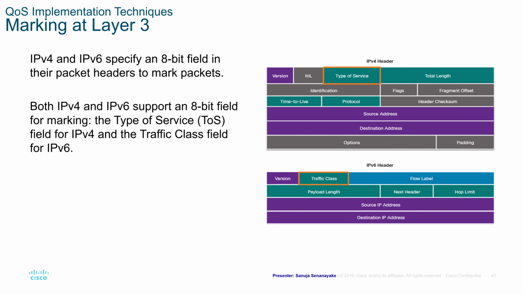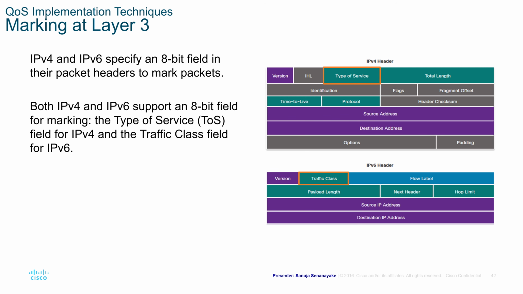Marking at layer 3. IPv4 and IPv6 specify an 8-bit field in their packet headers to mark packets. Both IPv4 and IPv6 support an 8-bit field for marking: the type of service, also known as the ToS field, for IPv4, and the traffic class field for IPv6.